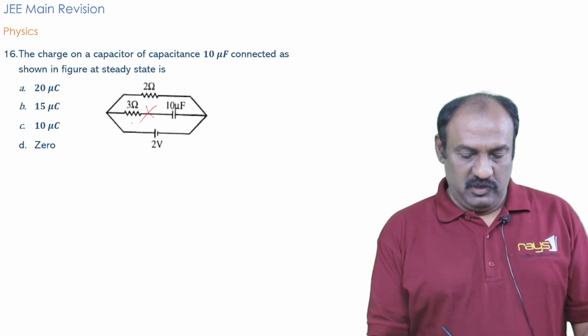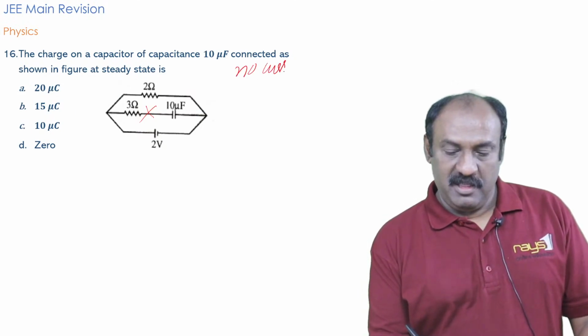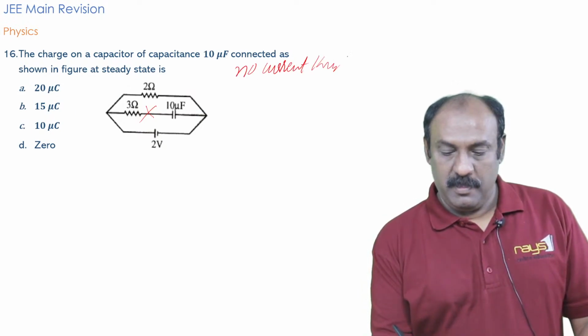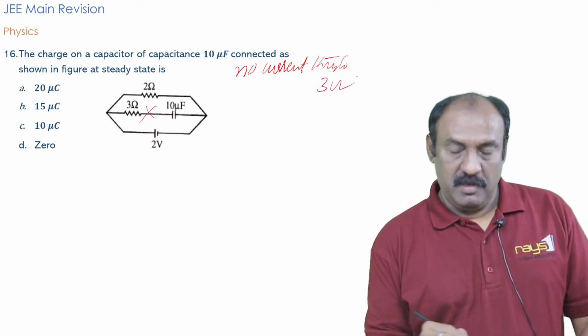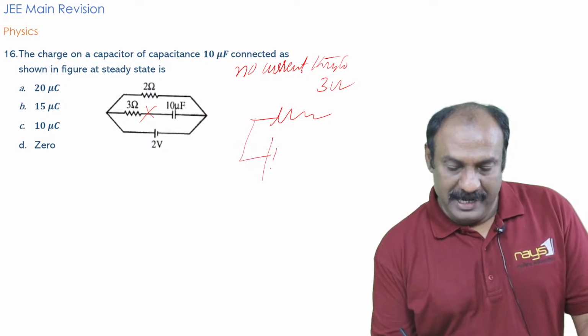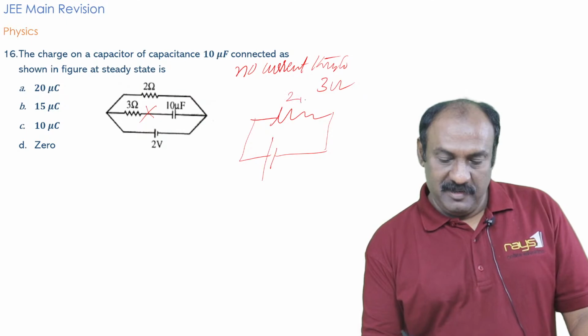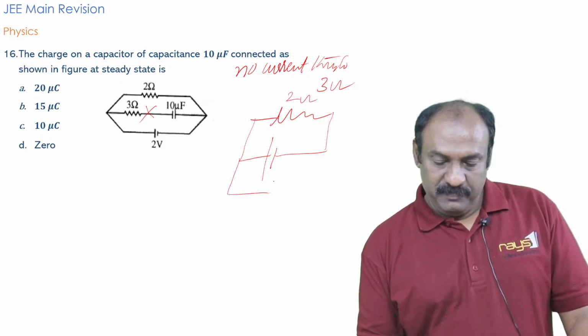So, here there is no current flowing through the 3 ohm resistor. So, only the circuit is a battery connected to a 2 ohm resistor along with a capacitor.